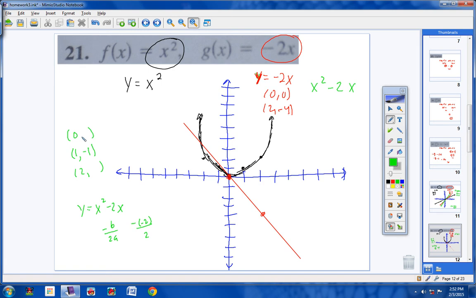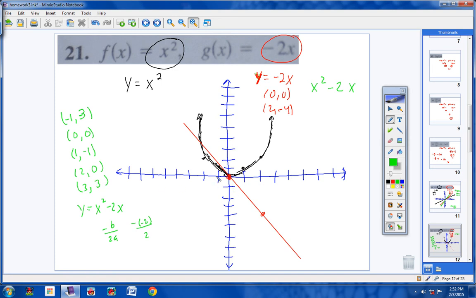and put in a 0, you get out 0. Put in 2, and you get 4 minus 4, you get a 0. And I'll try a couple more. Put in a negative 1, and put in a 3. Put in a negative 1, you get out a 3, actually. And then put a 3 in, and you get out a 3. So that's good enough.